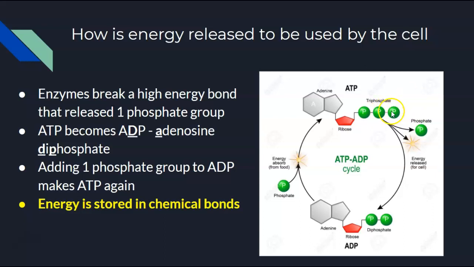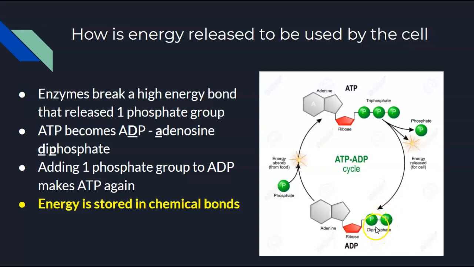It's then a free-floating phosphate, and also that energy is released for the cell. So you start with ATP, you break the bond between the 2nd and 3rd phosphate, release the phosphate, release the energy. ATP then becomes ADP, adenosine diphosphate. Di means two. So now we have two phosphates.